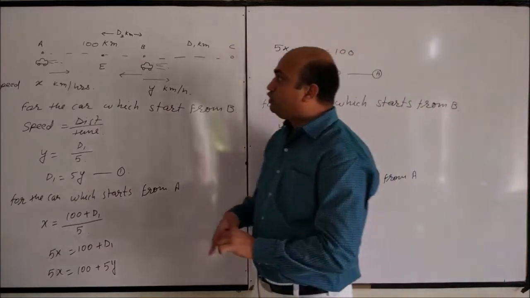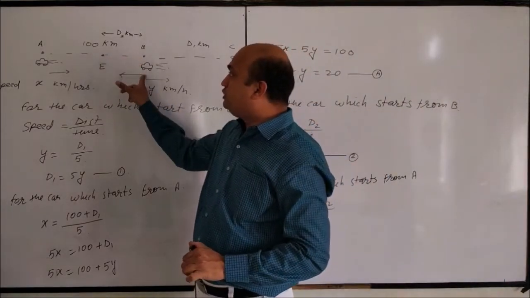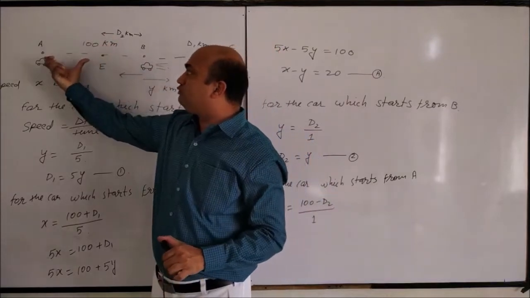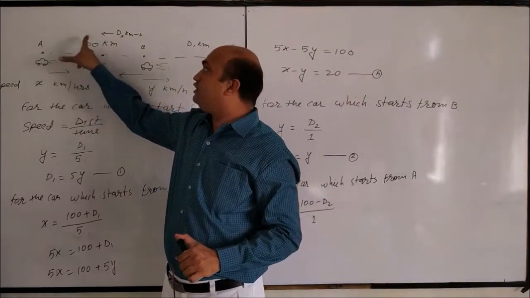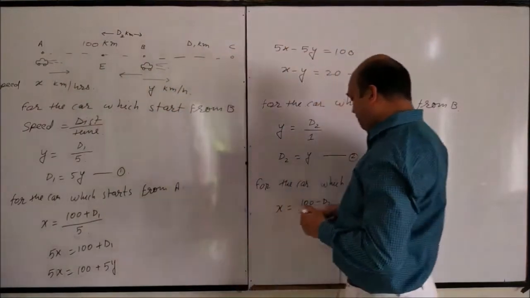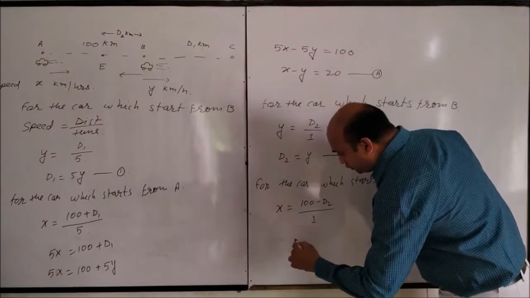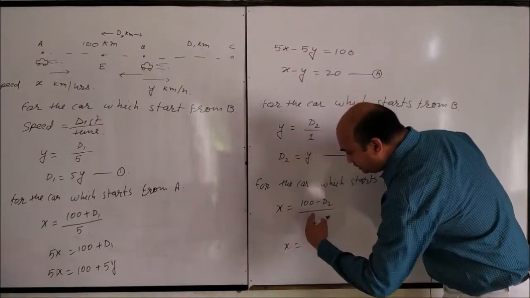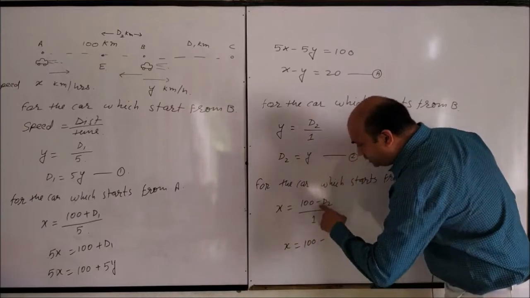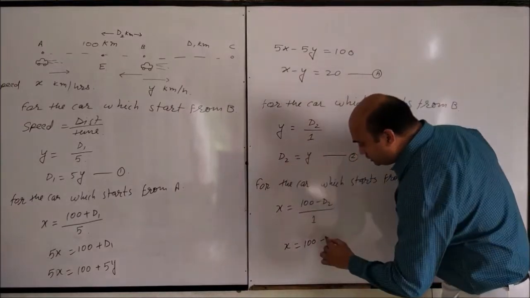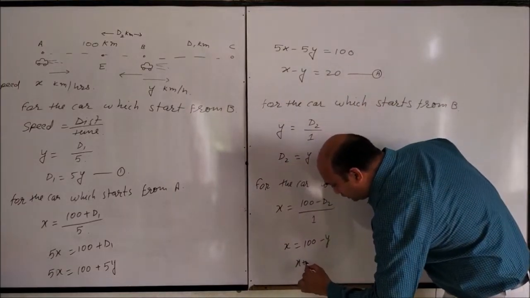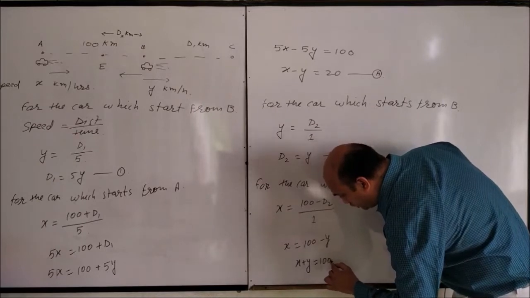You see, this distance we considered from B to E as d2, so therefore this is the remaining distance 100 minus d2. Now you can see x is equal to 100 minus d2, we put d2 as y, so x plus y is equal to 100.